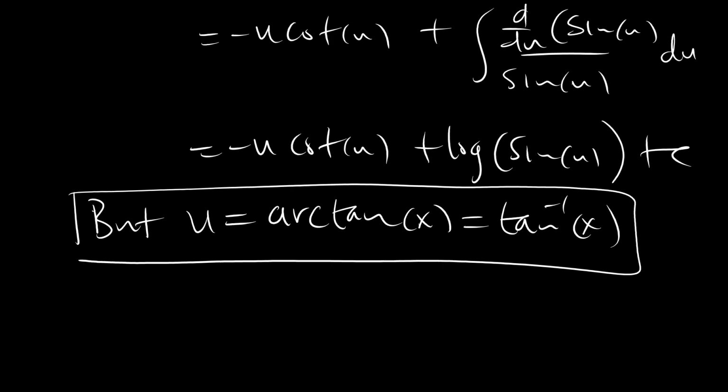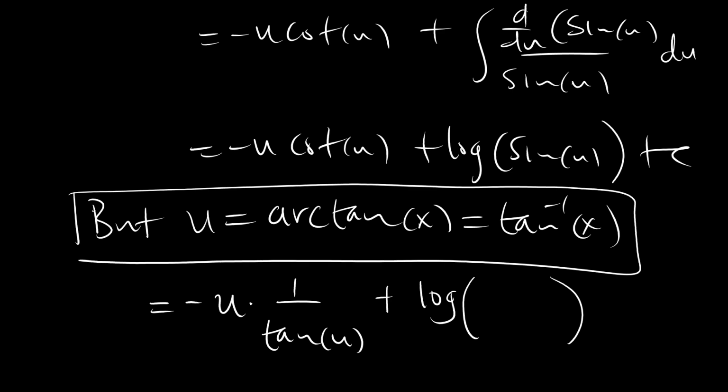Let's try to write whatever we have in the form of u. So u over tangent of u plus the natural logarithm of the square root of 1 minus cosine squared u plus c.